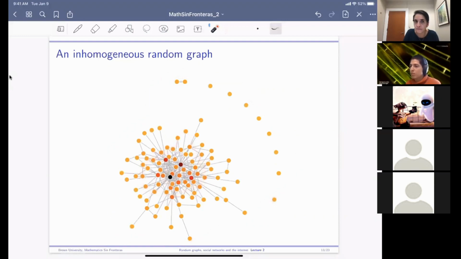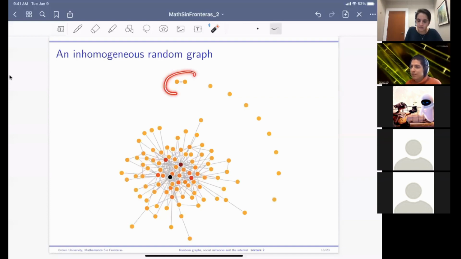Do you have the average? Yes, the mean of the Pareto was like 3.5, so it's close to the previous one, but this one definitely has vertices with very high degrees, right?